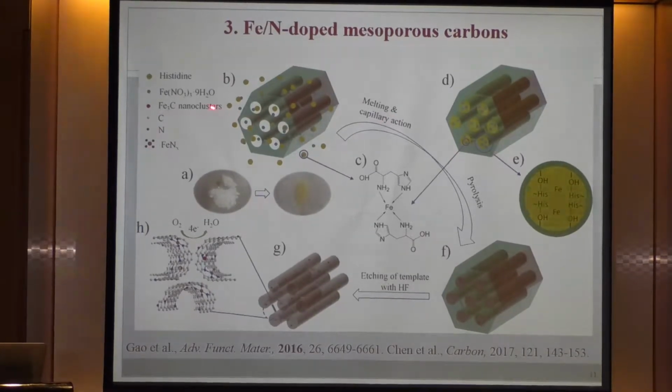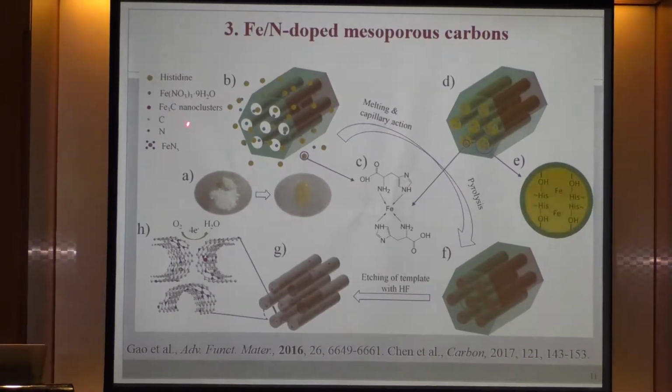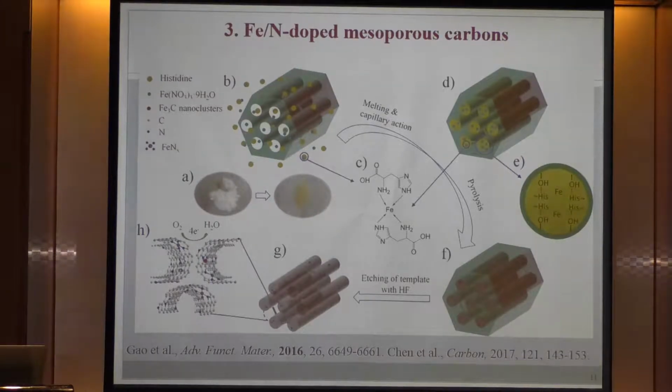The amino acid histidine and the iron will form a complex, and during the heating, because of capillary forces, the melted liquid will be trapped into these nanochannels, and then we do carbonization and remove the template.